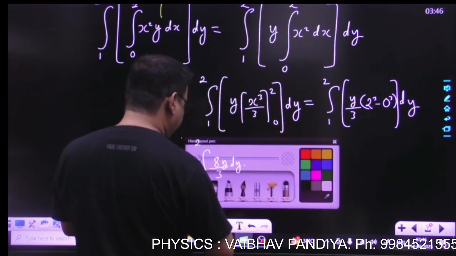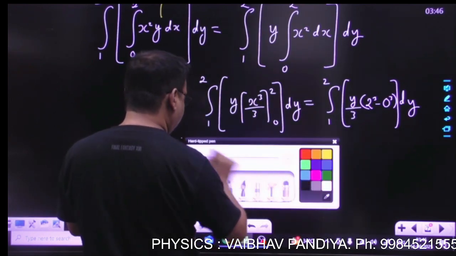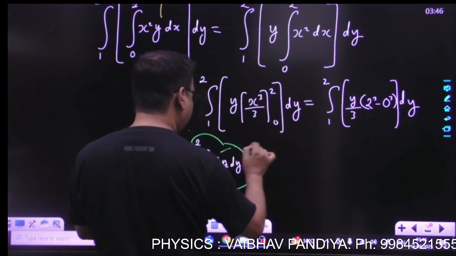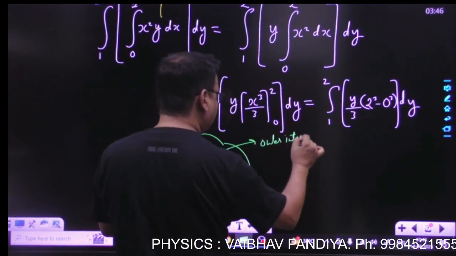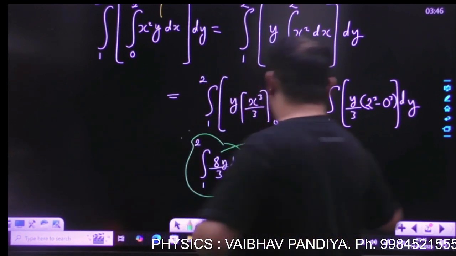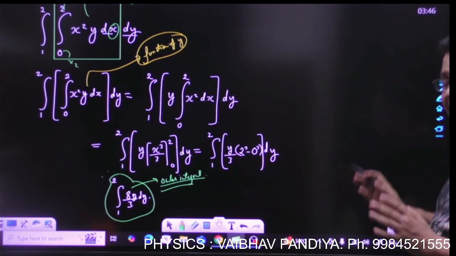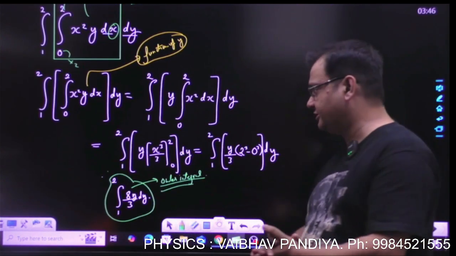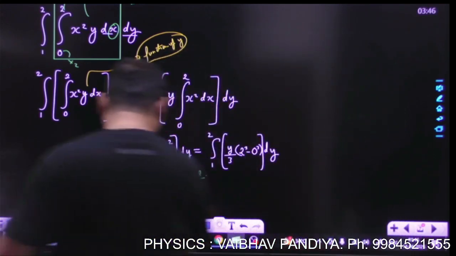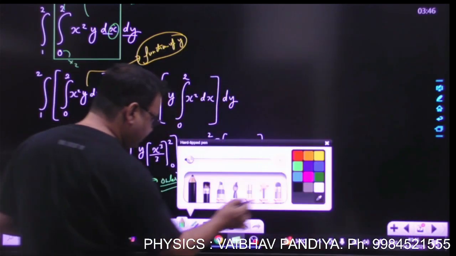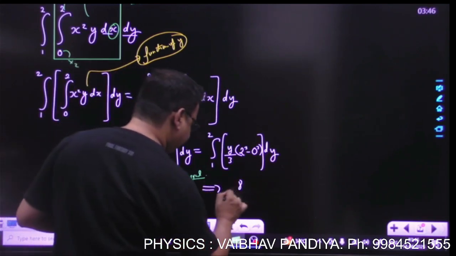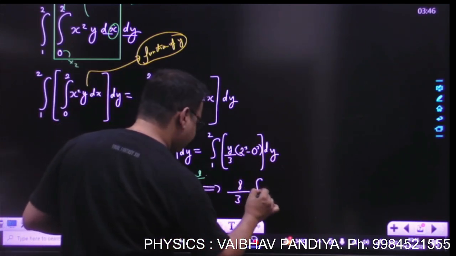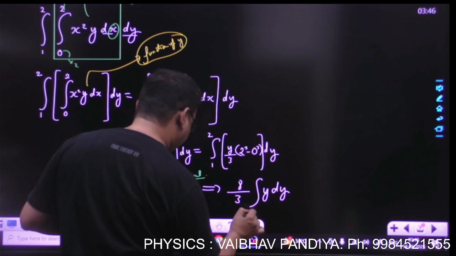Now see, you came to the outer integral. Getting the point? The inner integral has been evaluated using the principle of partial integration. Now we have to integrate this thing, and this is very straightforward. 8 by 3 is a constant, what is left is y dy, from 1 to 2.